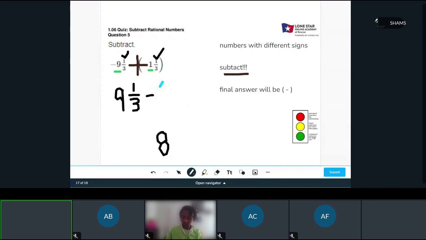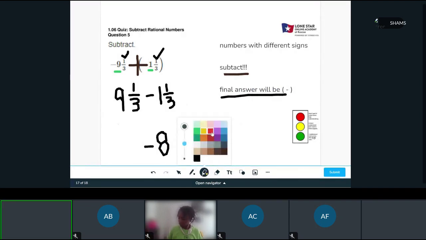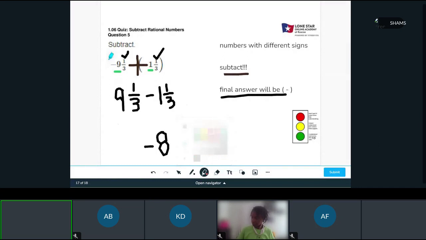So 9 minus 1 gave us 8. Then the 1/3 minus this 1/3 disappeared, right? So 1/3 just disappeared because they're subtracting from one another. It's going to be 8. We also decided that the final answer will be negative. So we put a negative sign. Why? Because if you ignore the signs, the negative number was much greater. Therefore, the answer is supposed to be a negative answer.